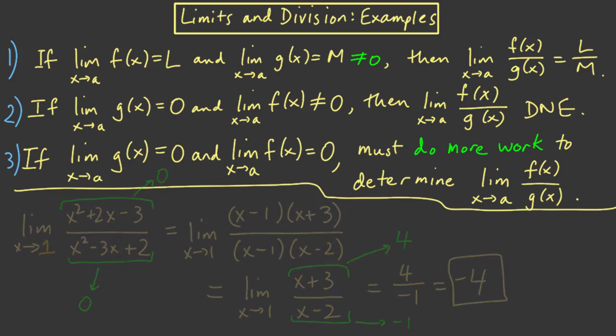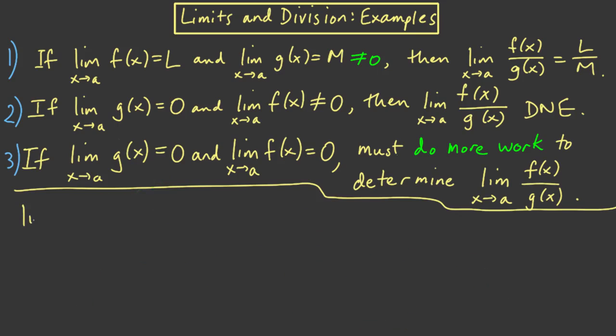Okay, let's do one other example. Let's say we have the limit of x plus 1 over x plus 1 over x plus 2 as x approaches minus 1. So as x is approaching minus 1, what's this denominator doing? Well, the x term is approaching minus 1.